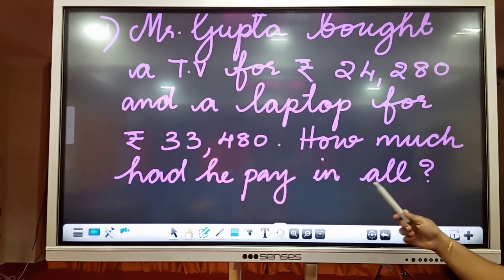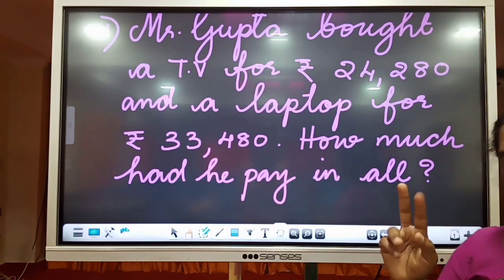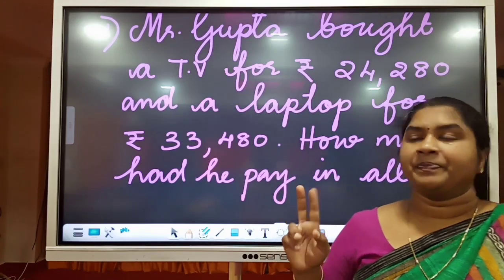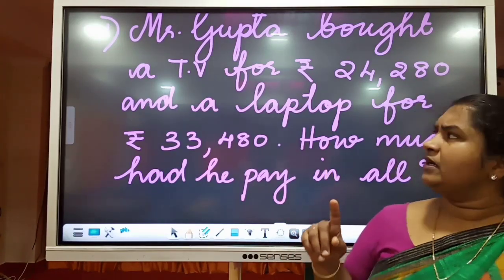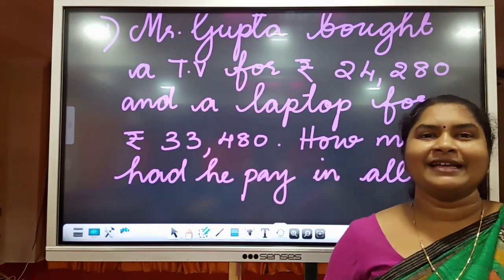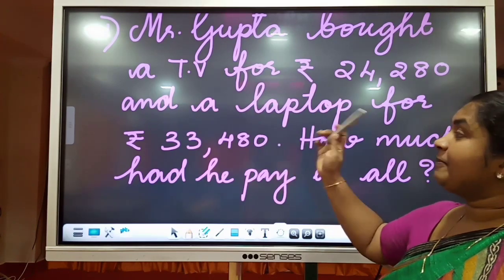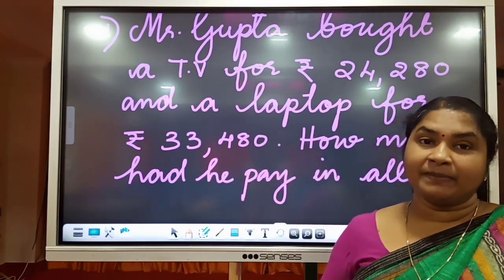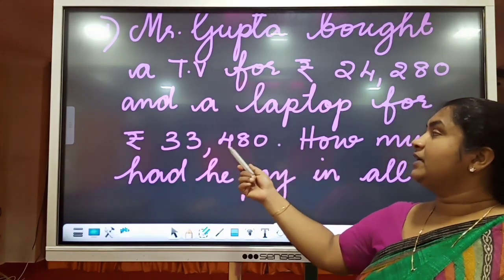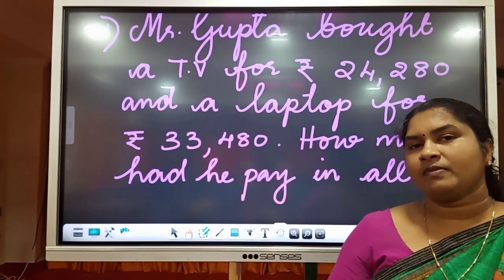How much had he paid in all? Only 2 things he has purchased from a shop. One is a TV. From the amount I understood that it is a smart TV because of the high price. Then a laptop. Oh, that's maybe Apple's. 33,480. So how much rupees does he have to pay in all?